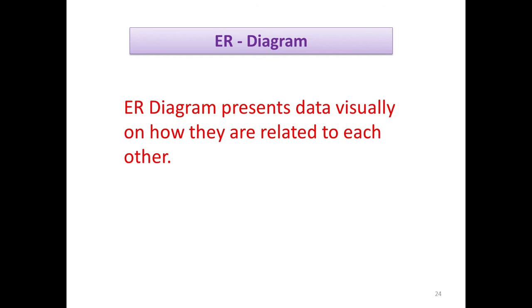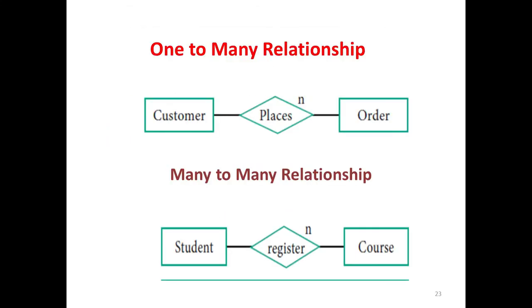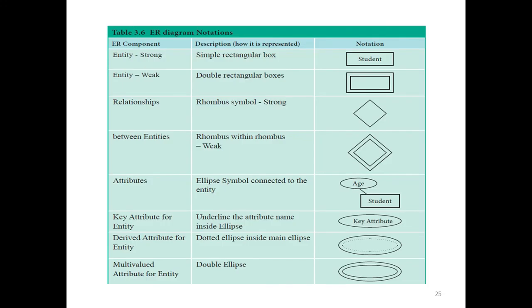One to one relations can be given. You see the three relationships: one to one, one to many, many to many, how they are related to each other. Elaborately, you see the ER diagram notation. It is a 5-mark question. I will explain briefly. Note it down.